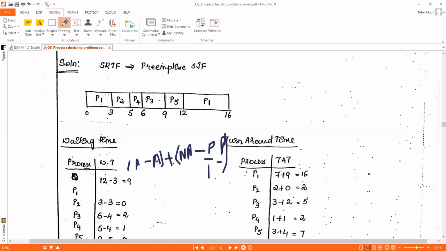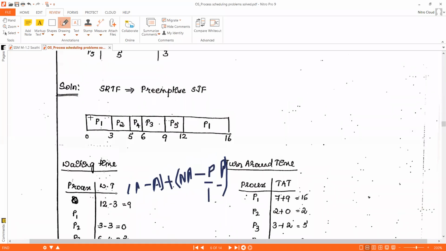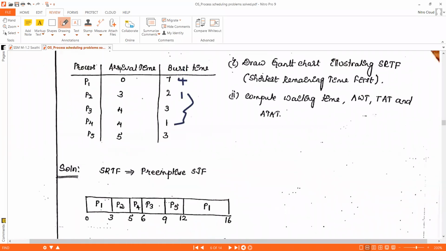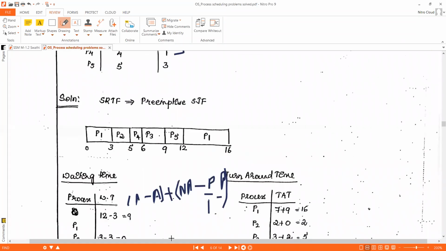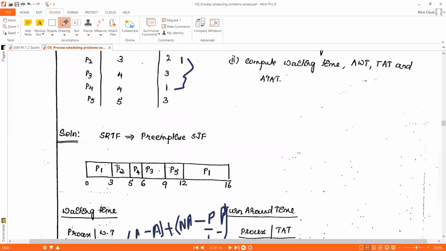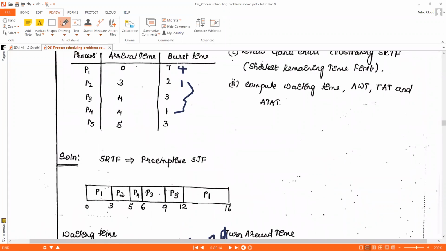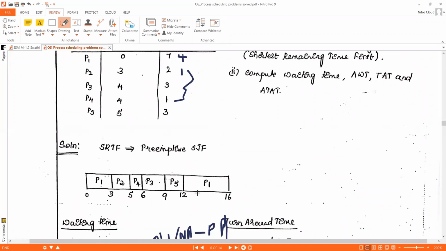Here for process 1, the allotted time is 0 milliseconds. What is the arrival time of process 1? That is 0 milliseconds. 0 minus 0 is 0 milliseconds. Plus, what is the next allotted time for process 1?